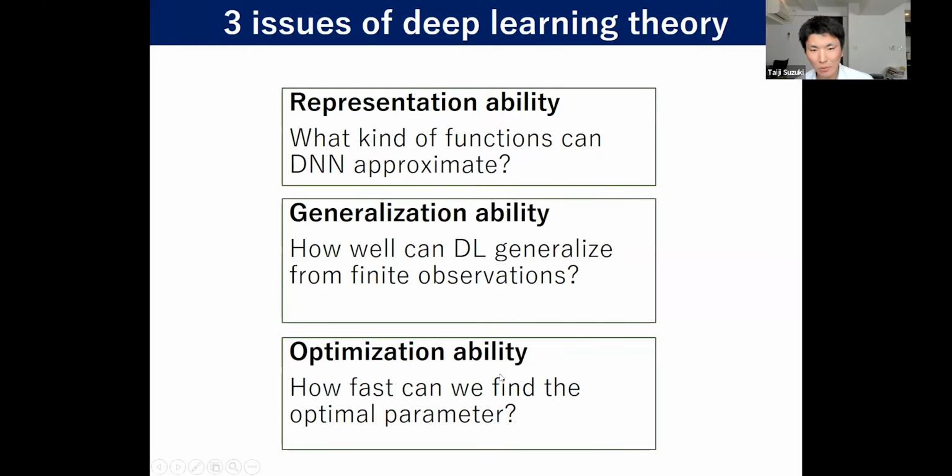We need some theories to ensure that such a method is effective to find a good solution. Such analysis comes here. In this tutorial, I will talk about these three categories one by one.